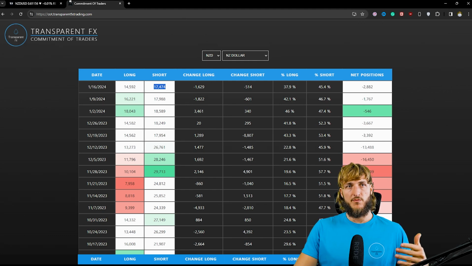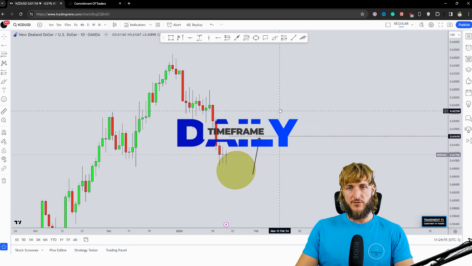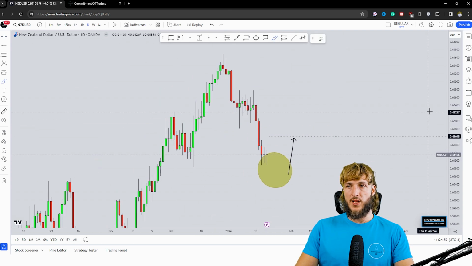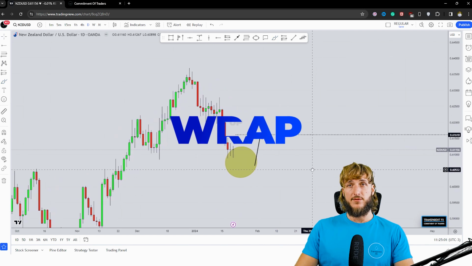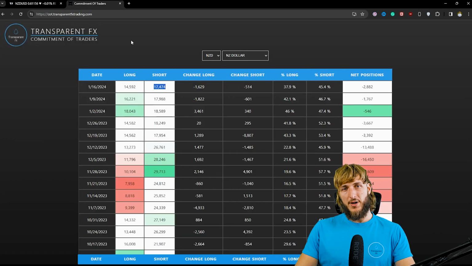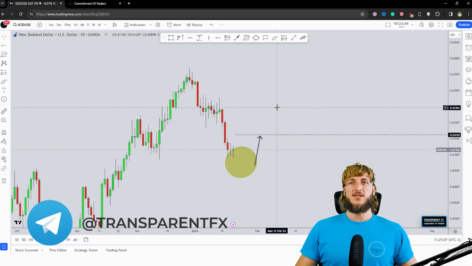So moving back to the technical side of this market, what I would expect in a situation like this? Well, as usual, trading is reactive and not predictive. The monthly, weekly, and daily timeframes combined with the COT data, those are the best timeframes from a directional perspective.